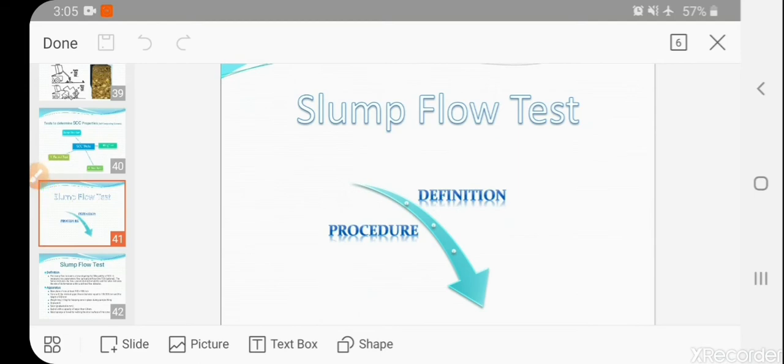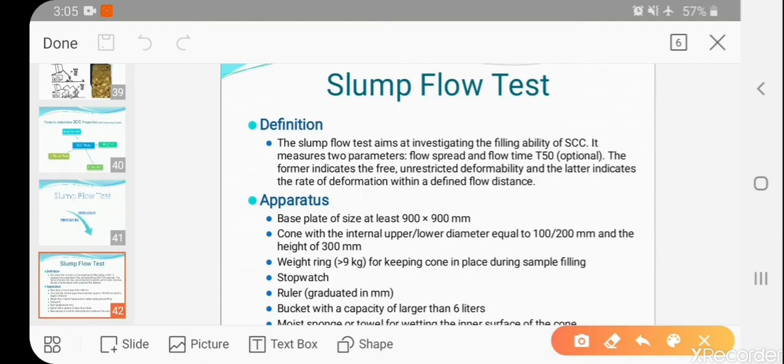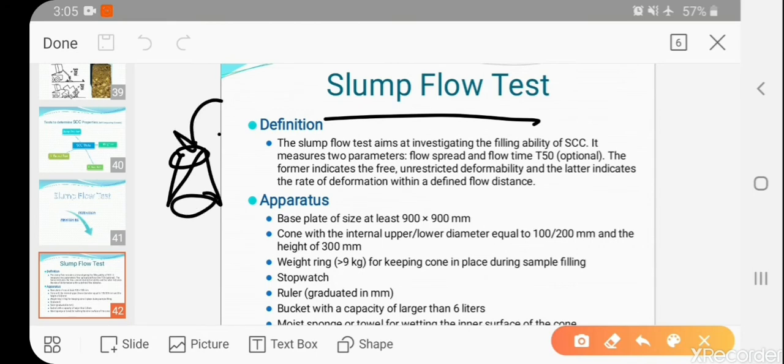Slump flow test. Definition and procedure. The definition of the slump flow test: the slump flow test aims at investigating the filling ability of SCC. It measures two parameters, flow spread and flow time. In the slump cone we are just inserting the self compacting concrete.